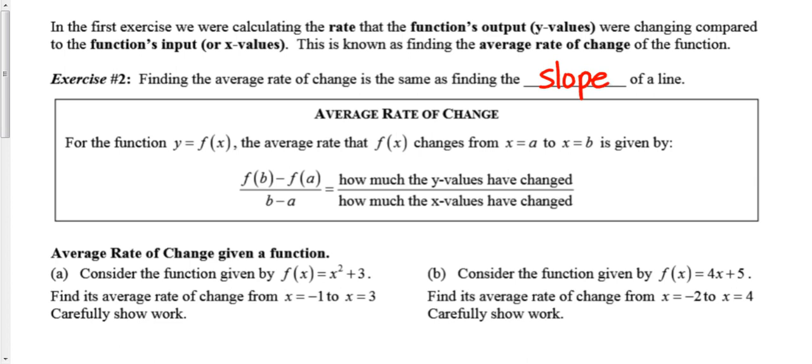So, average rate of change, here's your formula. Remember that y equals f of x. So the average rate of change, that f of x changes from x equals a to x equals b, is given by f of b minus f of a over b minus a. In other words, how much the y values have changed over how much the x values have changed.